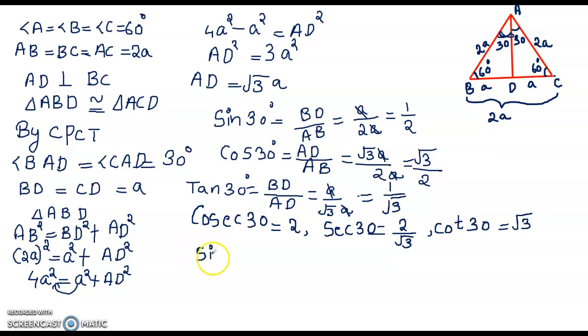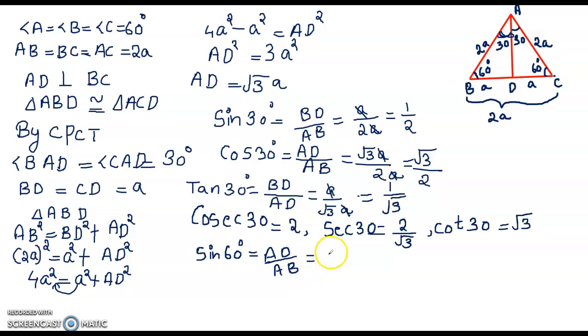So sine 60 degrees is equal to what? Opposite side by hypotenuse. Here I take the reference angle as angle B. So the side opposite to this angle 60 degrees is AD. So AD divided by AB, the hypotenuse.